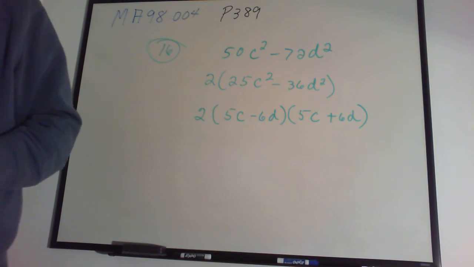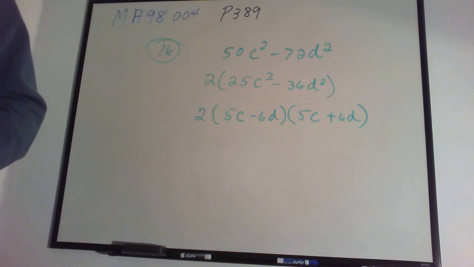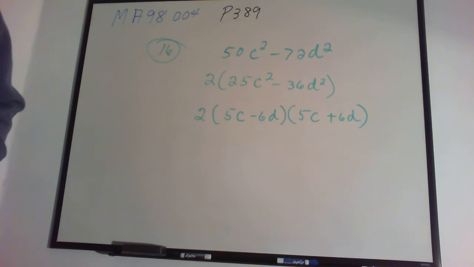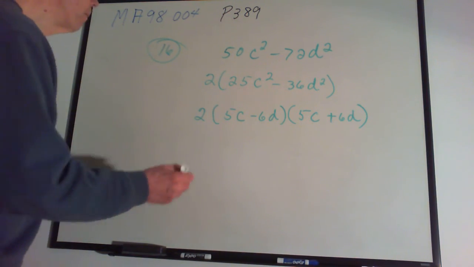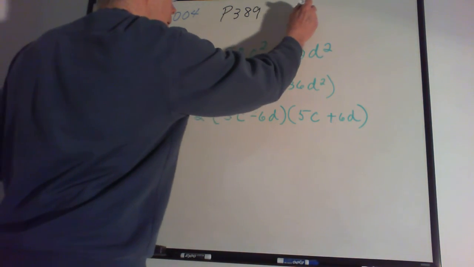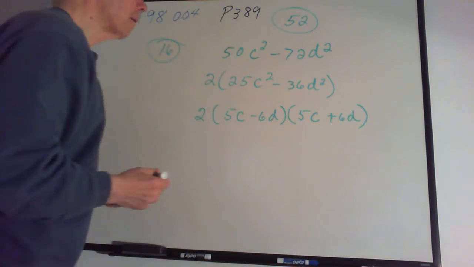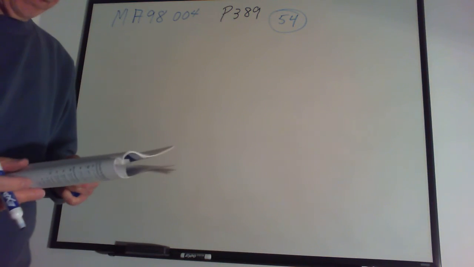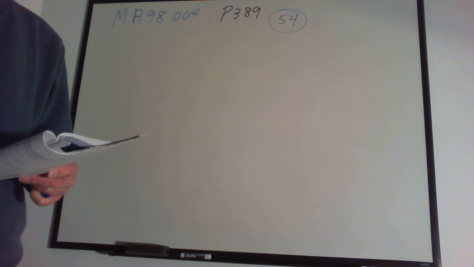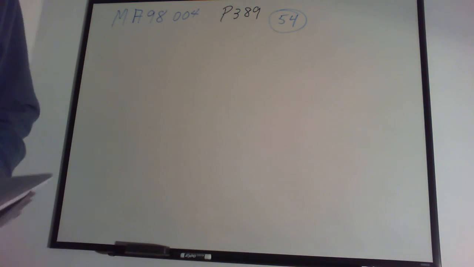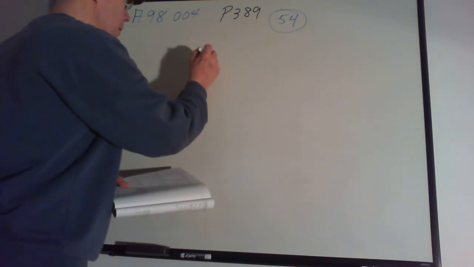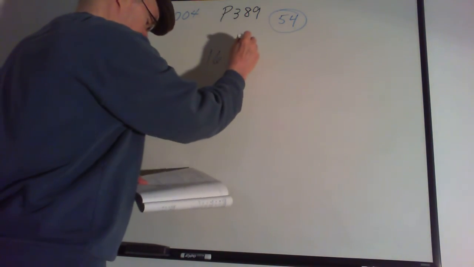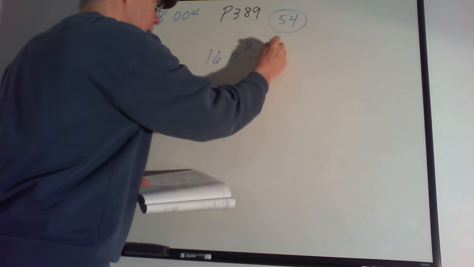All right, let's take a look at number 52. Sorry, I want to do 54, not 52. 54, which is 16p squared minus 1 over 9.